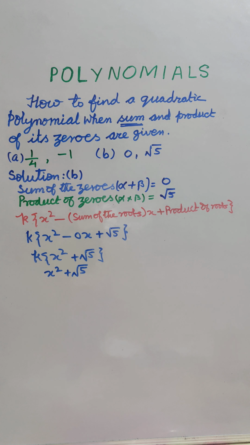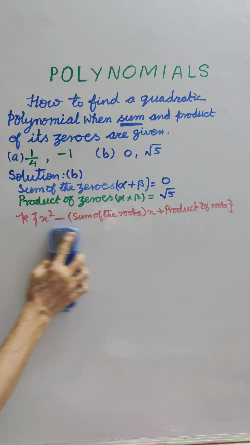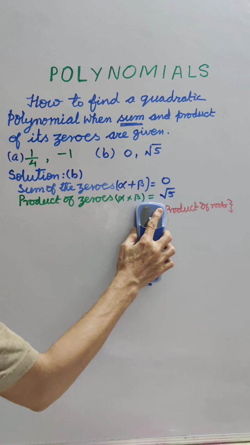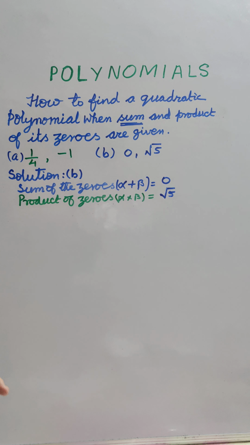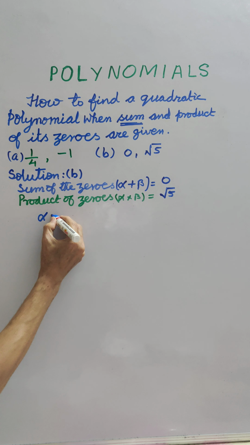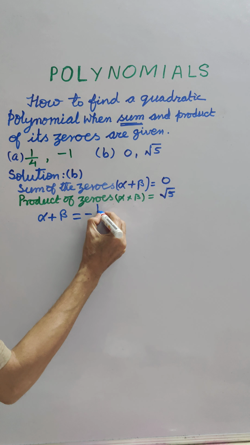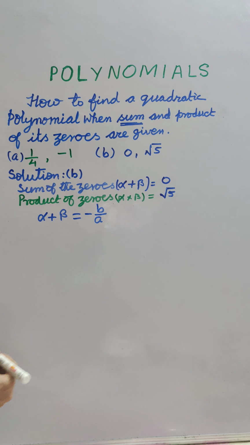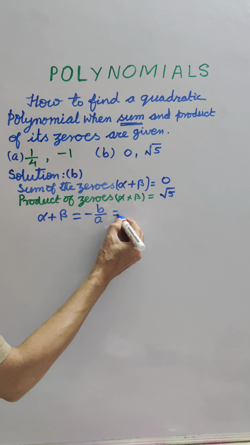Using the other way to find this equation. Sum of the zeros, alpha plus beta. We know that alpha plus beta is equal to minus b upon a. Here alpha plus beta is 0, so that is equal to 0.